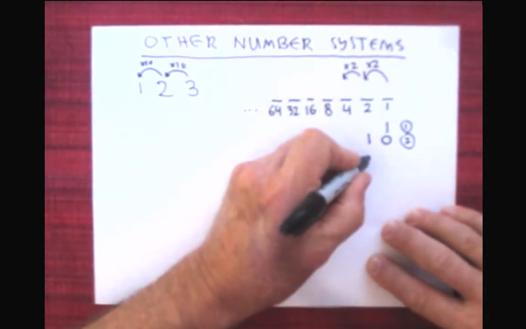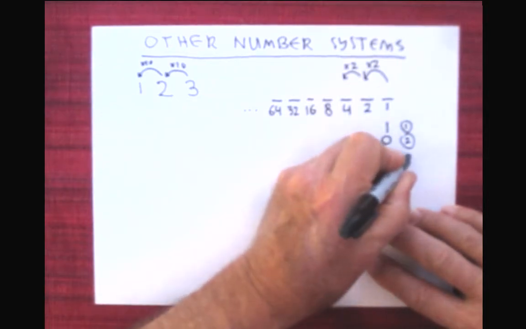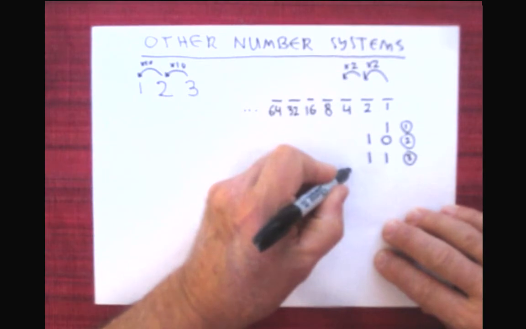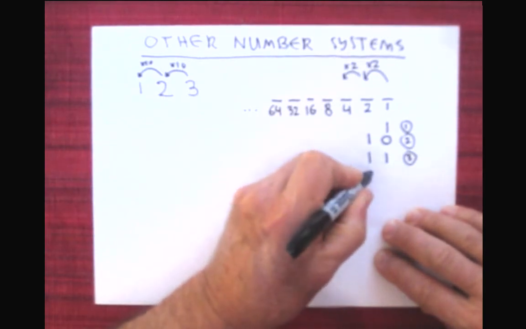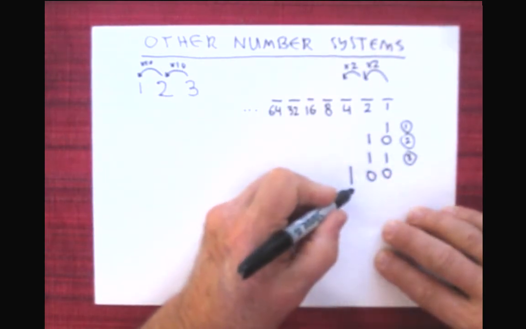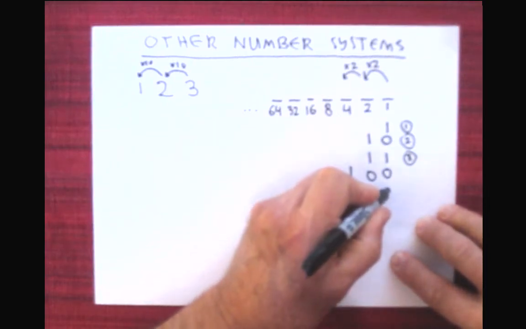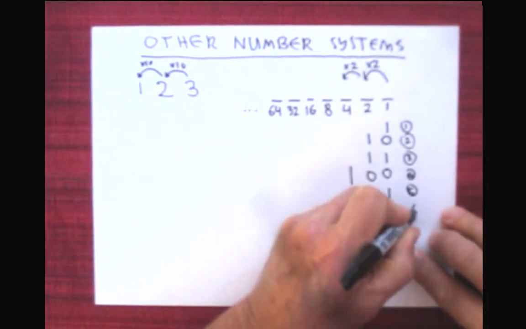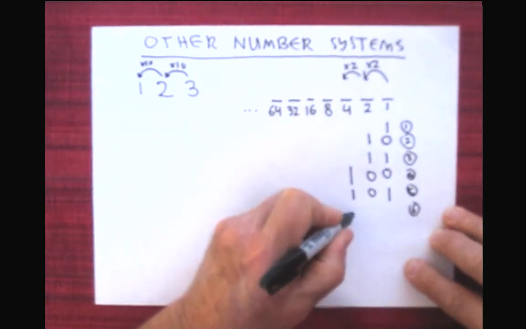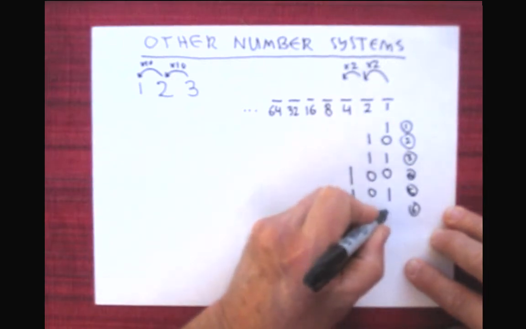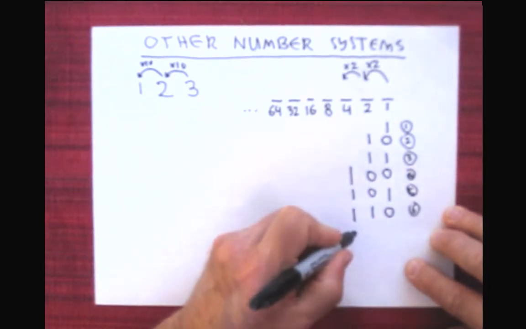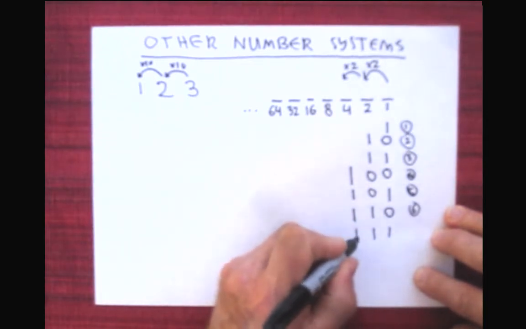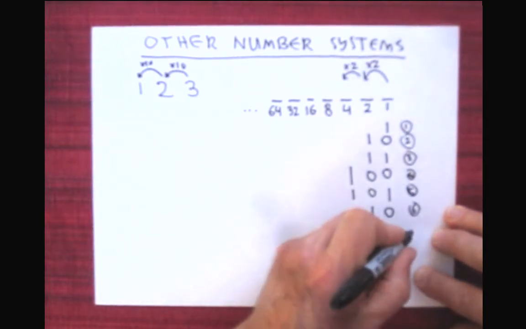How about 3? 3 is 2 plus 1. 4: see, here's the 4, the third location. 4 is 1 0 0. 5 is 4 plus 1. 6 is 4 plus 2 plus 0. 7 is 1, 1, 1: 4 plus 2 plus 1 is 7.